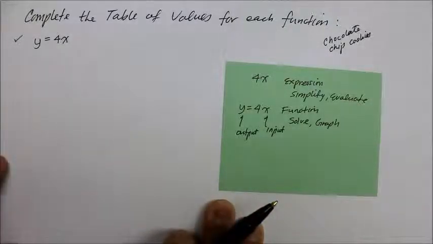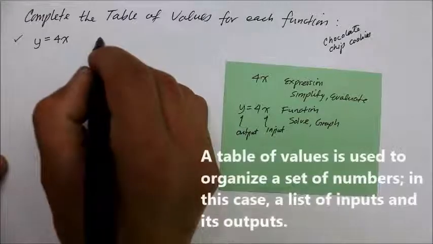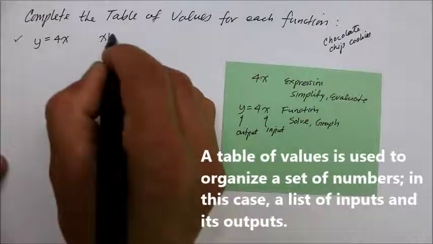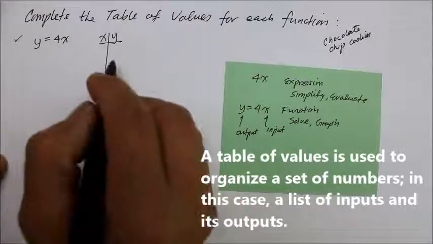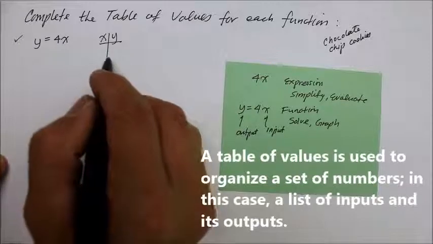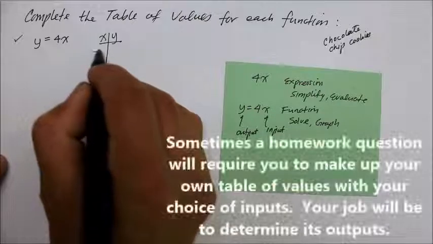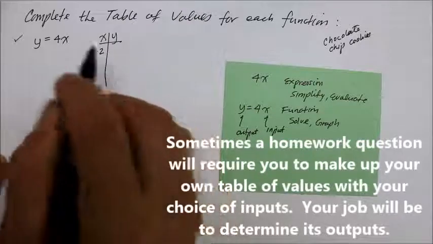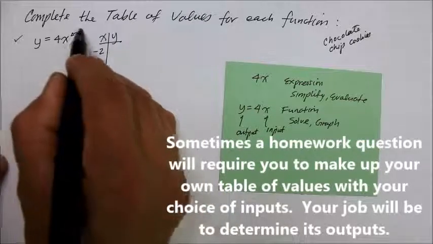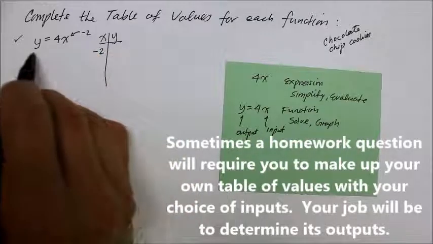So what do we do? Here's a table of values. If I have a table of values in a vertical format like this, let's select some inputs. For example, if I put a -2, that means the x is -2. Then what would the y become?